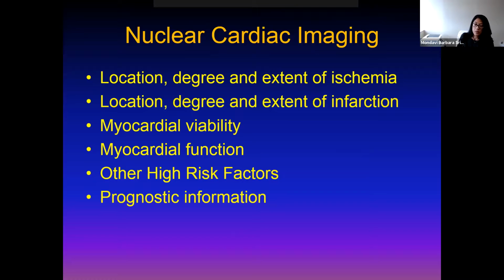It can also give us information about whether there is infarction present, as well as whether a wall motion abnormality may be representative of scar tissue versus whether there could be underlying viability present. In addition, nuclear imaging has been around for a long time, and there's a lot of other prognostic information that can be obtained from the imaging study itself, beyond that obtained with the exercise indices.